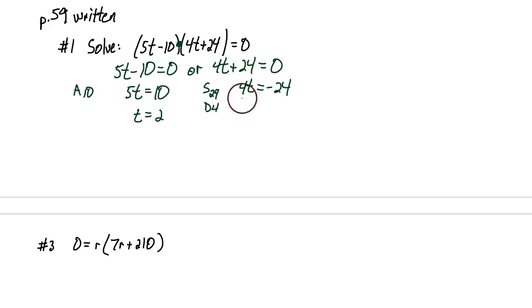Then divide by 4, and we get t equals negative 6. Remember, the word or connects the two things together. So we want to put the word or in between those two results. We could make this a little bit neater by rewriting it underneath just to clarify that we have the two answers.